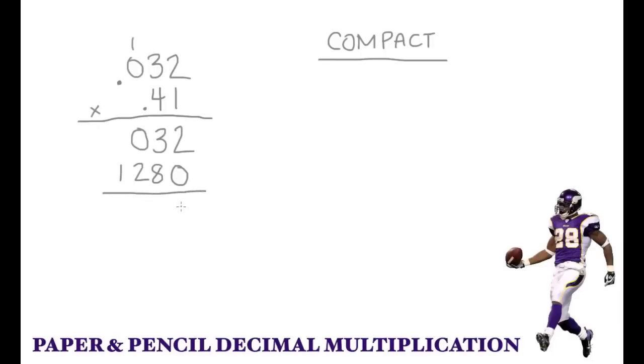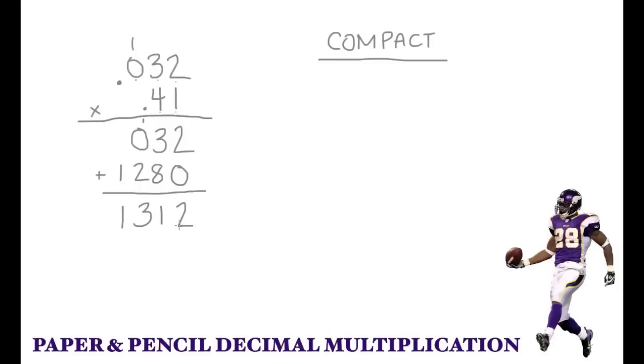Let's add these up, and I go 2. 3 plus 8 is 11. Carry the 1. 1 plus 2 is 3. And 1 plus nothing is 1. I should have put a plus sign. Now here's a weird thing. If you remember, we counted up 1, 2, 3, 4, 5 places to the right of the decimals.